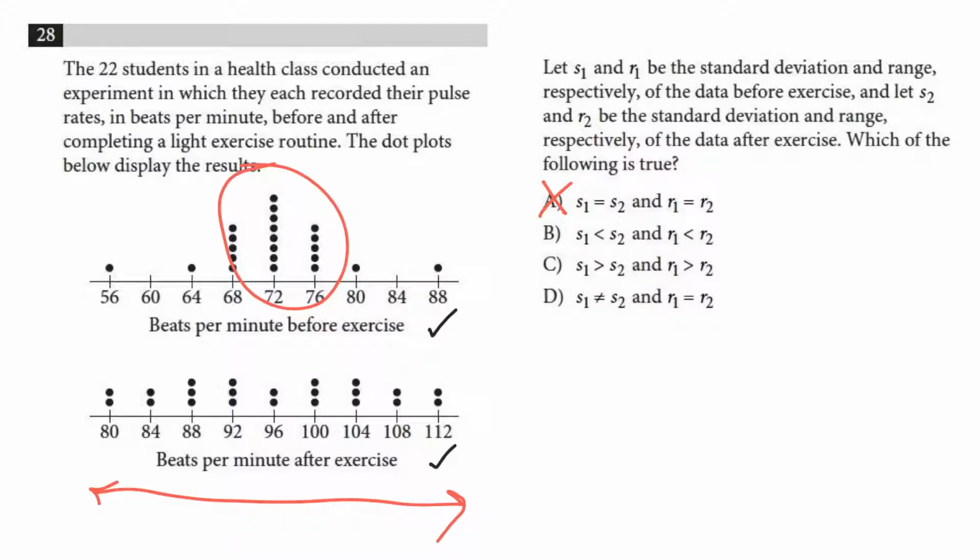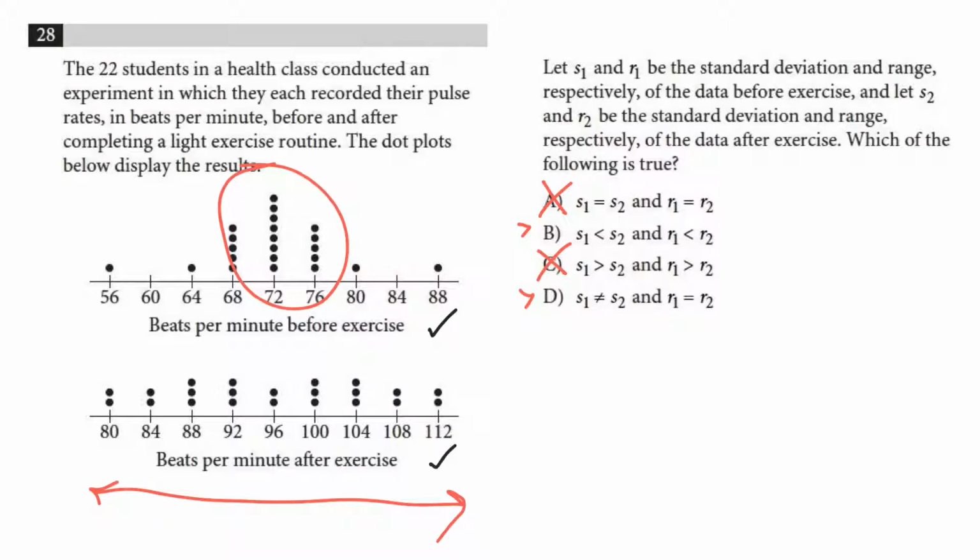And in fact, what else could I say? Well, yeah, okay, so I could definitely say that the standard deviation in the first is less than the standard deviation in the second. Let's keep going. Standard deviation in the first is greater? No. Standard deviation in the first is not equal to? Yeah, we could say that. Okay, so we have two possible answers so far.